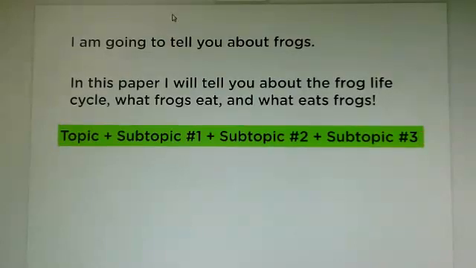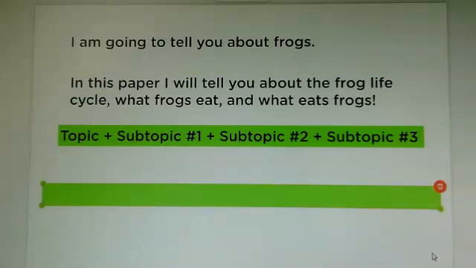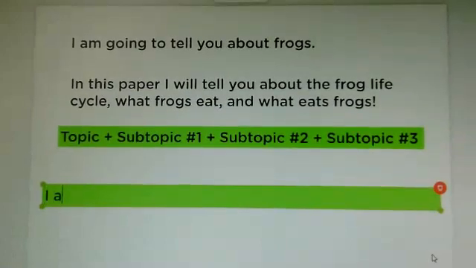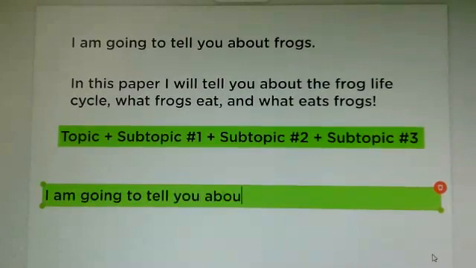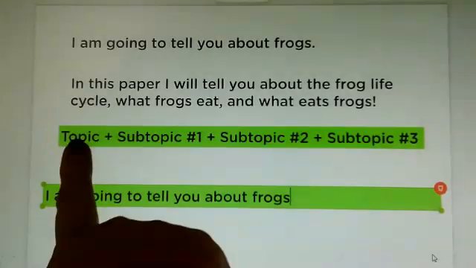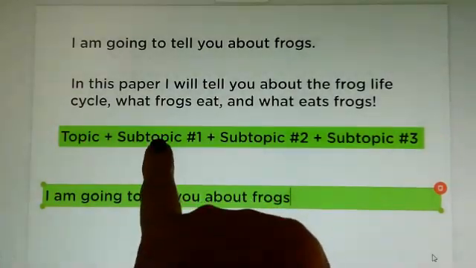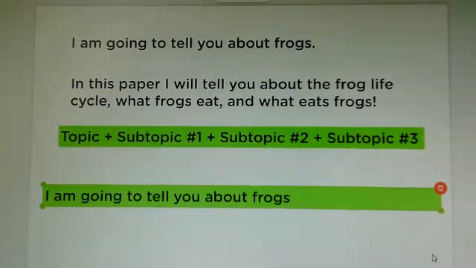So let me rewrite this information into a good topic sentence. All right, what is my topic? Well, I am going to tell you about frogs. I have my topic. Now I need subtopic number 1.